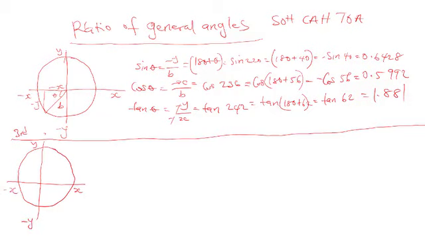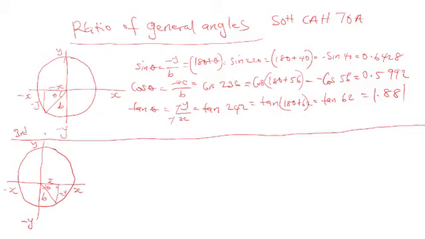This is now the fourth quadrant, and it goes this way. This is theta, and in the lower part this is minus y. The x part is in the positive x axis, which is x, and this is our b as usual. So let's go into applying our SOHCAHTOA here.